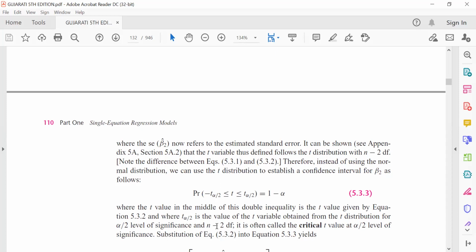Because we are using a two-sided test, alpha is split into two parts, on the left and on the right, so alpha is divided by 2.